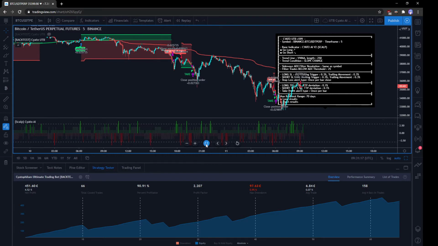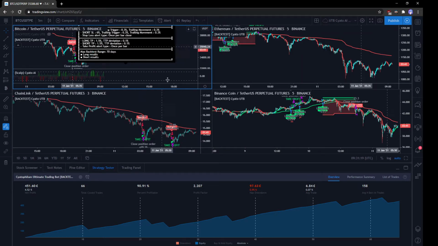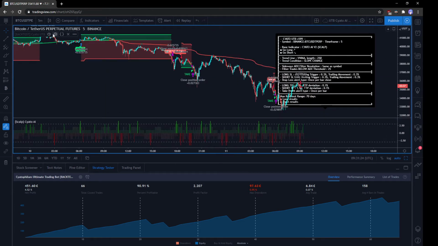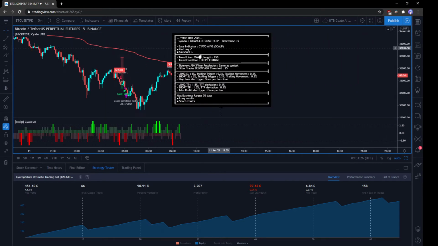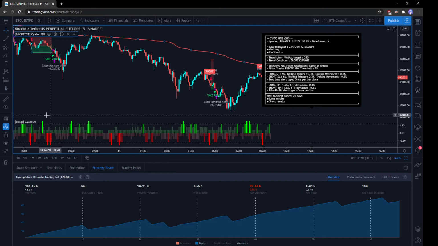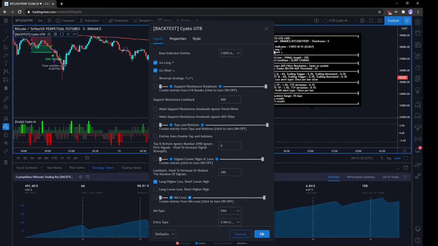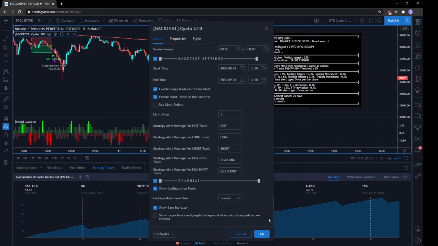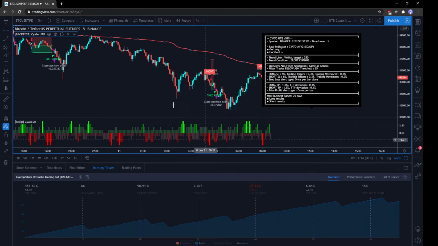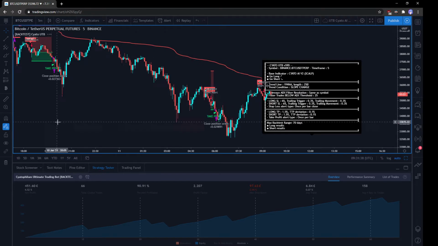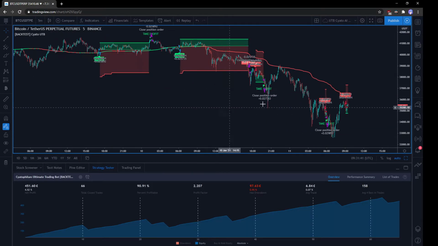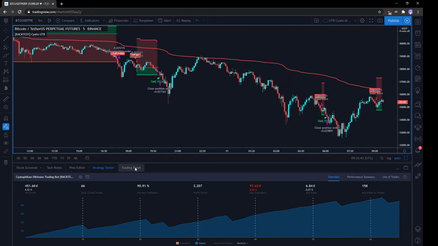So I'm going to update this chart because I created like 4 examples. I need to update them with the new version. There we go.